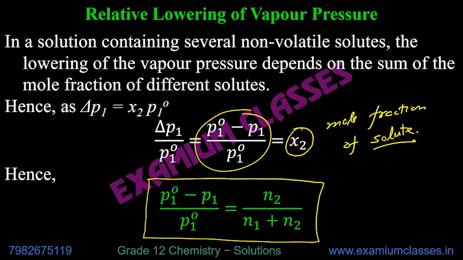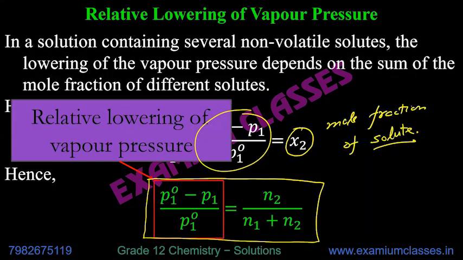Derivation has not been asked in 6, 7 years as per CBSE guidelines. In chemistry, derivations should not be asked. Application based questions or concept based questions should be asked, but not derivation. So memorize the formula.